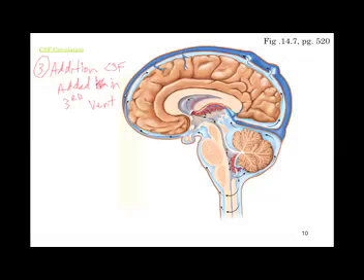Why? Because there's another set of choroid plexuses in the third ventricle, the structures that make that cerebrospinal fluid.